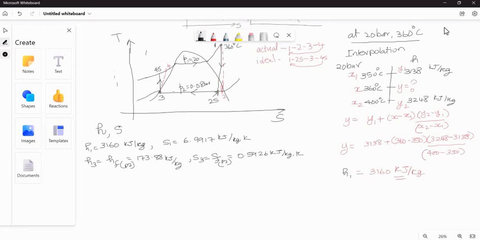So this value also, we need HFG from the steam table. We need that, and the reason we will see later when we work out the problems. This is kilojoule per Kelvin.